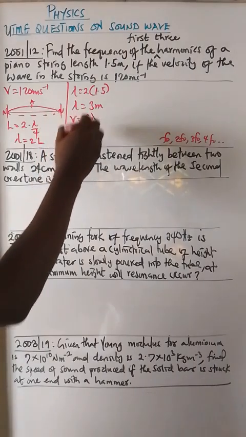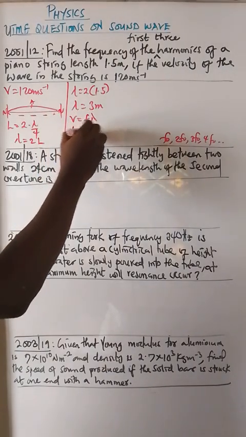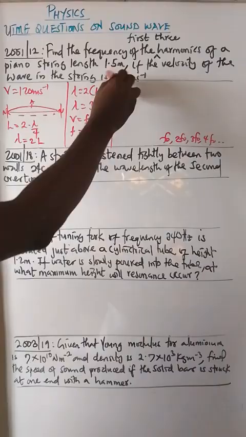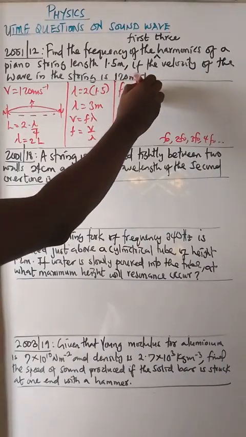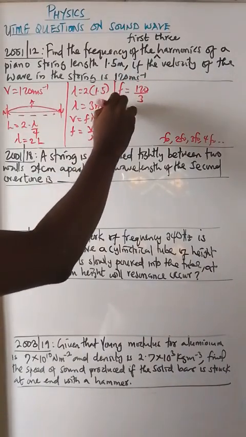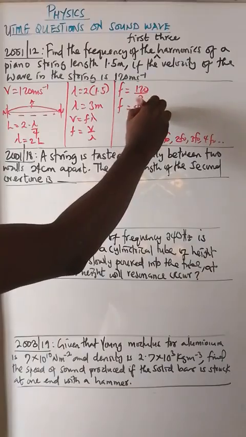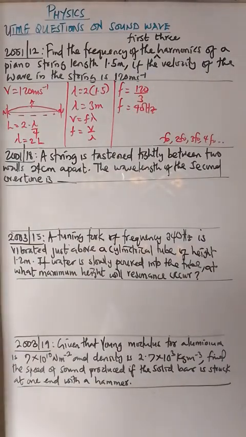Velocity is frequency times wavelength. Frequency from here equals velocity divided by wavelength. Then the frequency is, the speed is 120, wavelength is 3, so it is what? 40 hertz. But we are looking for the frequency of the first 3 harmonics. So when we talk about harmonics, just multiply by the factor.